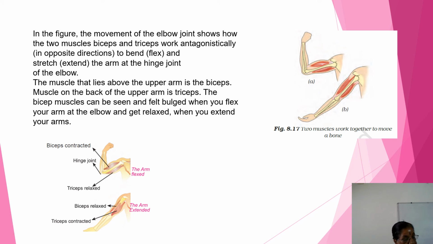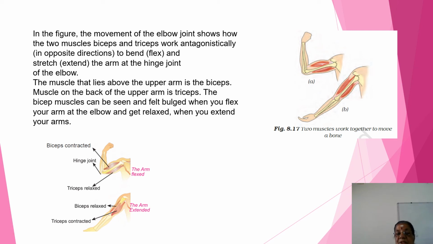Now flexor muscles bend a joint and move the bones towards each other, and extensor muscles straighten the joint and move the bones away from each other. This is what happens when one bends or straightens our arms. I hope you are clear. Now muscles are connected to bones with the help of band-like tissue called tendons.